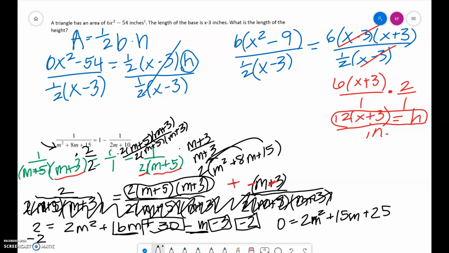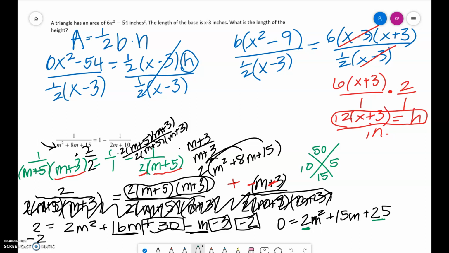So to factor this trinomial, I am going to multiply my 2 with my 25 to give me 50, and my b term is what they have to add up to give me, and that's 15. So two numbers that multiply to 50 that add up to 15. Hopefully you're thinking of 10 and 5. 10 times 5 is 50, 10 plus 5 is 15.